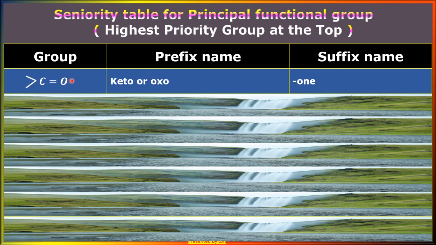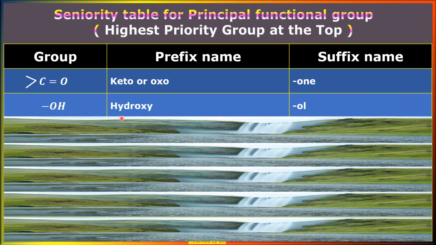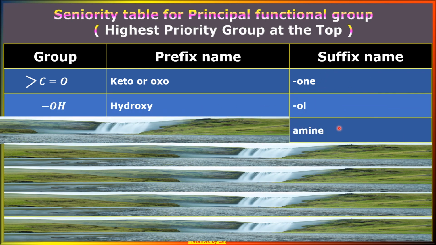You can see some more here. Ketone, the functional group is ketone. When it is used as a substituent, the prefix name is keto or oxo. When it is used as the principal functional group, the suffix name is one. OH, hydroxy, suffix name ol.